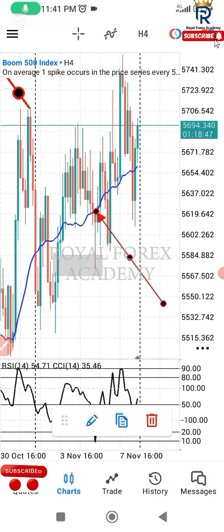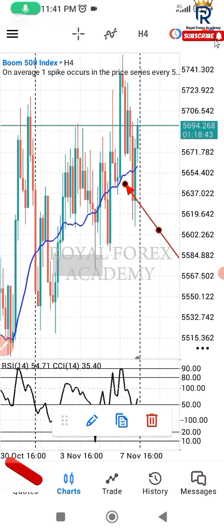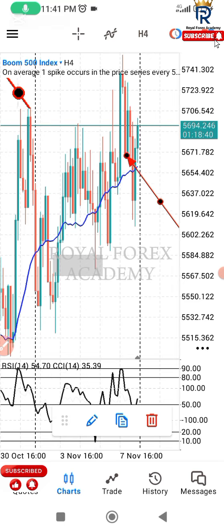What that implies is that anytime price is in a strong bullish trend, it will be above the moving average. And when price is in a strong bearish trend, it will be below this moving average 20 to be specific.